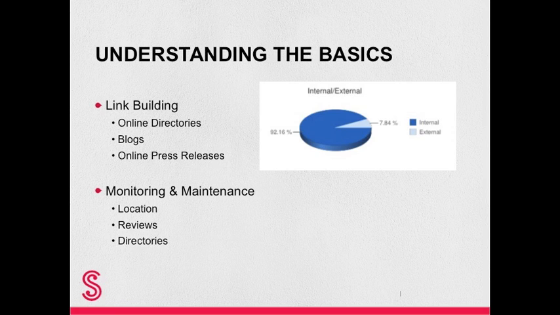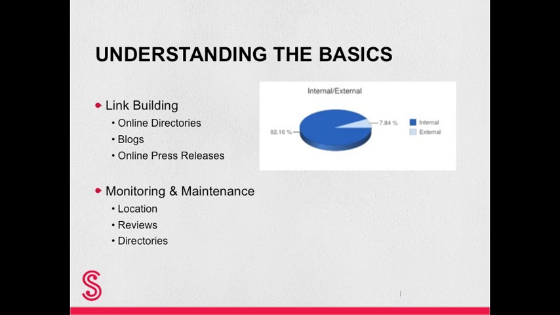If you have relationships with bloggers in the area that are covering your restaurant, your location, then you may say to them, can you link back to us in your writing when you mention us? And online press releases. Make sure these press releases are newsworthy and have some sort of appeal to the greater audience so that you can use those press releases to link back to your website.